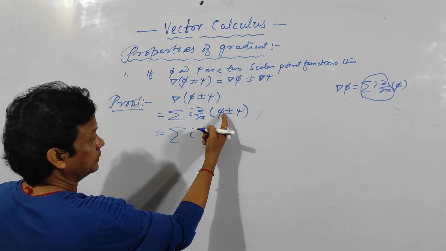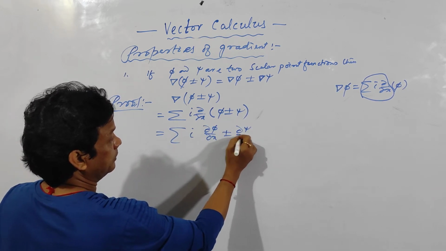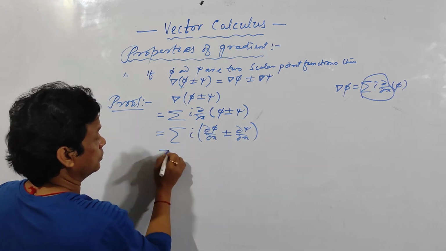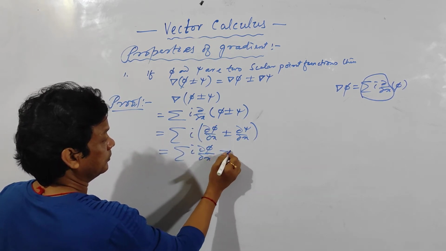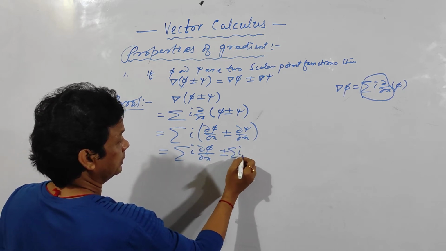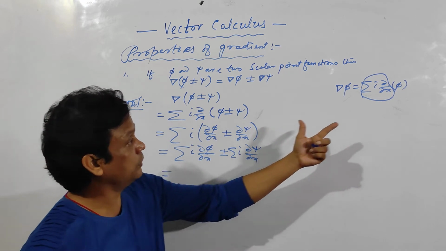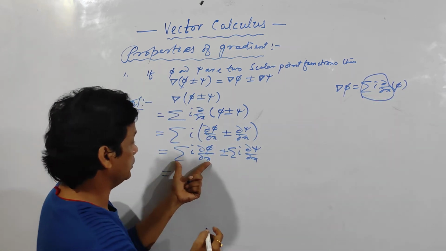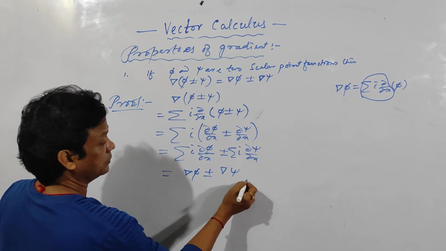Simply I apply the derivative: ∂phi/∂x ± ∂psi/∂x. Then separate it: i ∂phi/∂x ± i ∂psi/∂x. This part is grad phi, and plus or minus this part is grad psi. So this is your proof.